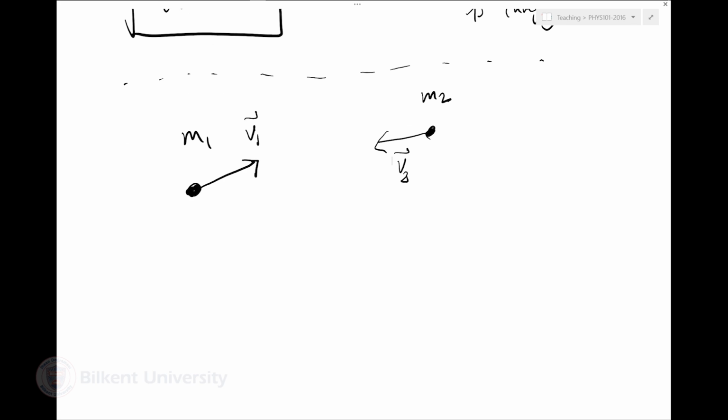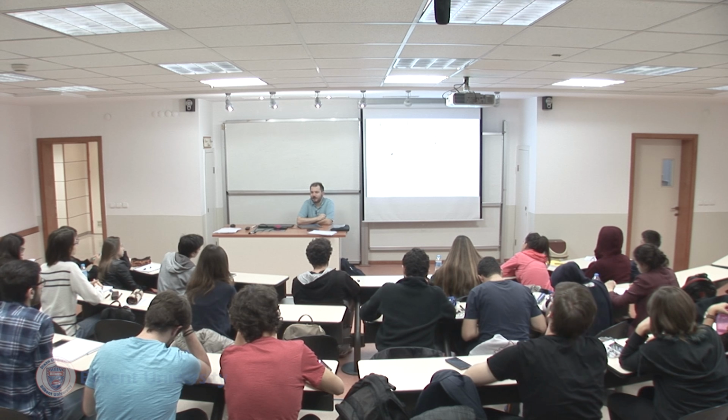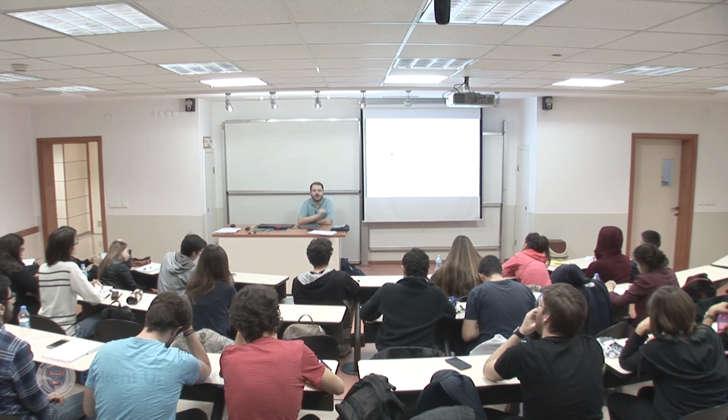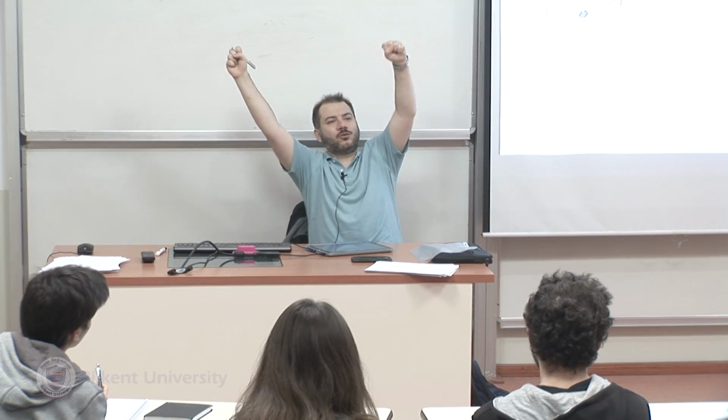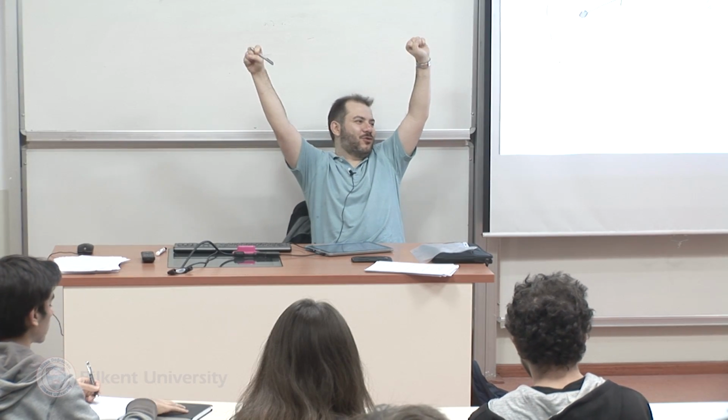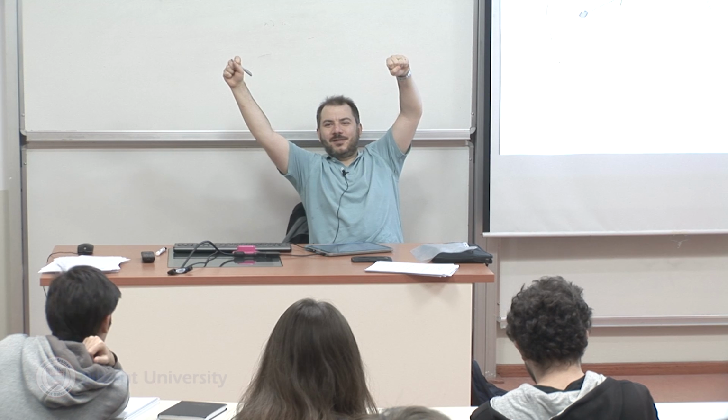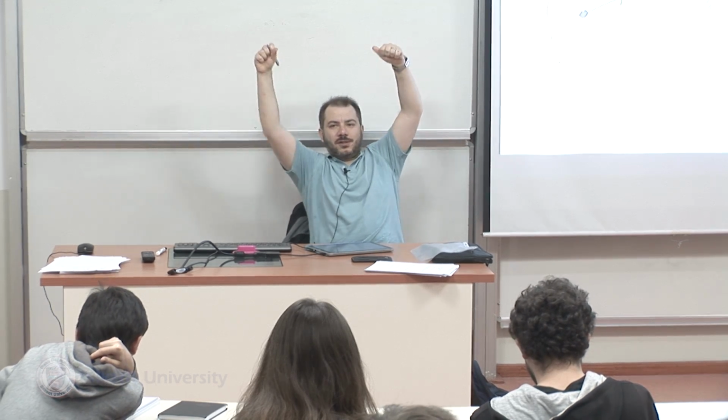Now, if I look at the system, let me assume that there are no external forces on the system. So maybe I took these particles to outer space, very far away from all stars and planets, and they have initial velocities.